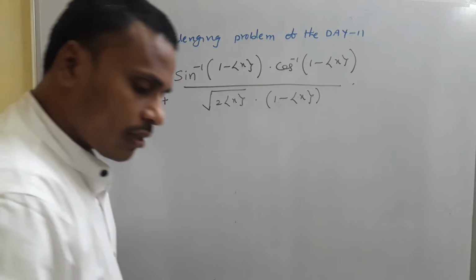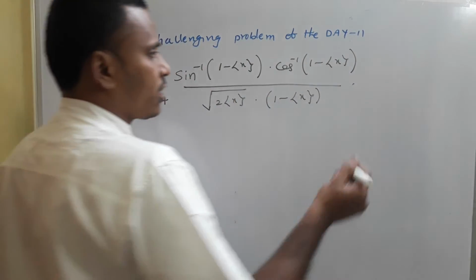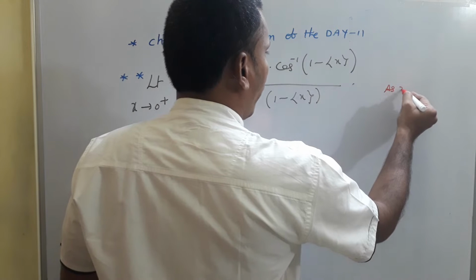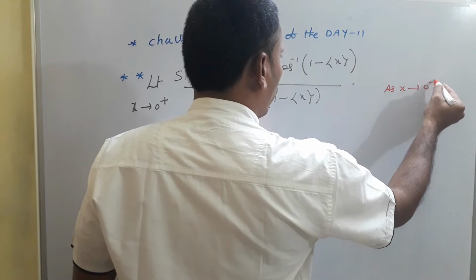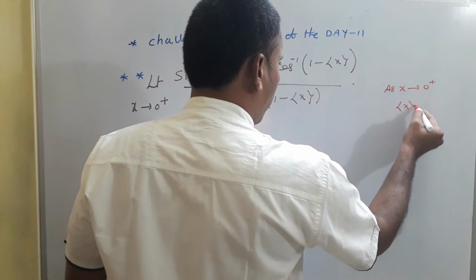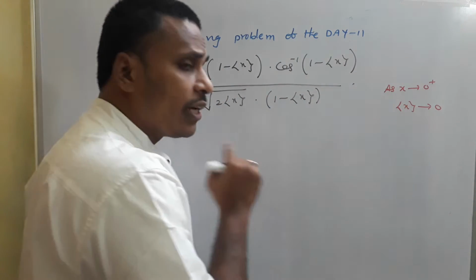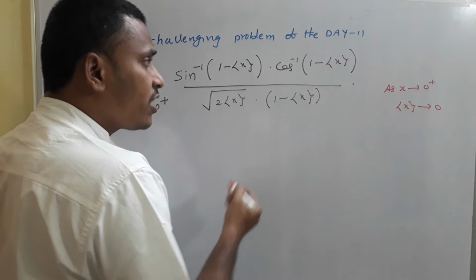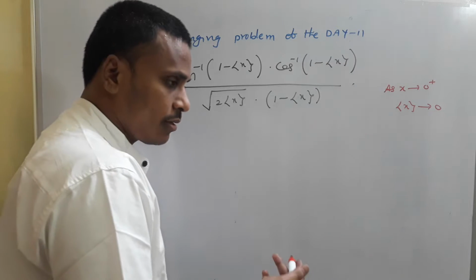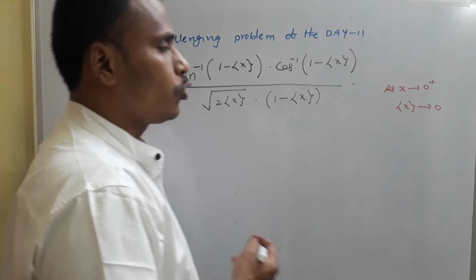Okay, in last class also we did few problems related to the fractional part. As x is tending to 0 plus, fractional part of x is tending to 0. Not only at 0, as x is tending to any integer plus, fractional part value is tending to 0.